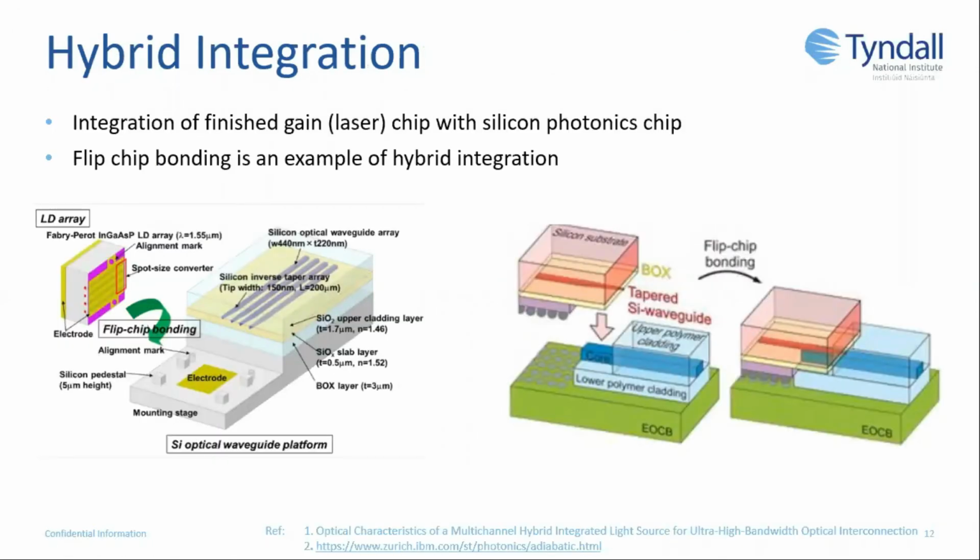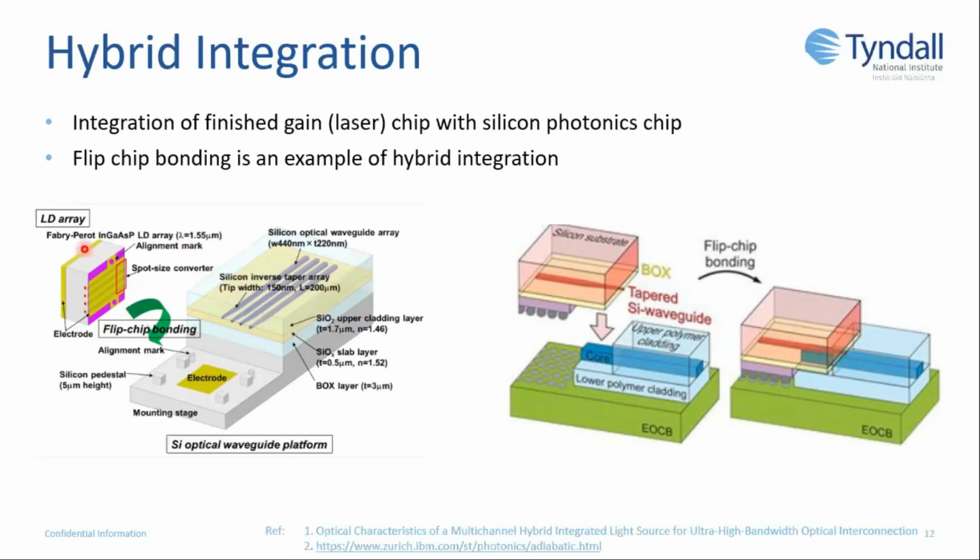So hybrid integration is the third heading of photonic integration. And this is the integration of a finished gain chip with a silicon photonics chip. This is usually done through flip chip bonding. So you can see here to the left that there's an array of InGaAs lasers on this chip, and it's going to be aligned up and flip chip bonded with this silicon chip that contains an array of tapered waveguides.